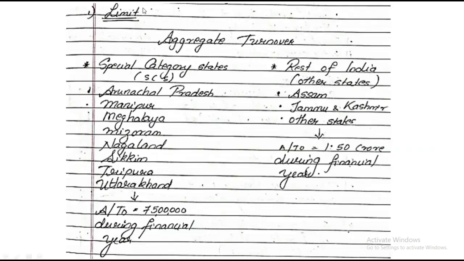Now there is something called a limit. We have an aggregate turnover limit, and there are two rules. Number one, for all the special category states: Arunachal Pradesh, Manipur, Meghalaya, Mizoram, Nagaland, Sikkim, Tripura, and Uttarakhand. All the major northeast states are considered special category states.